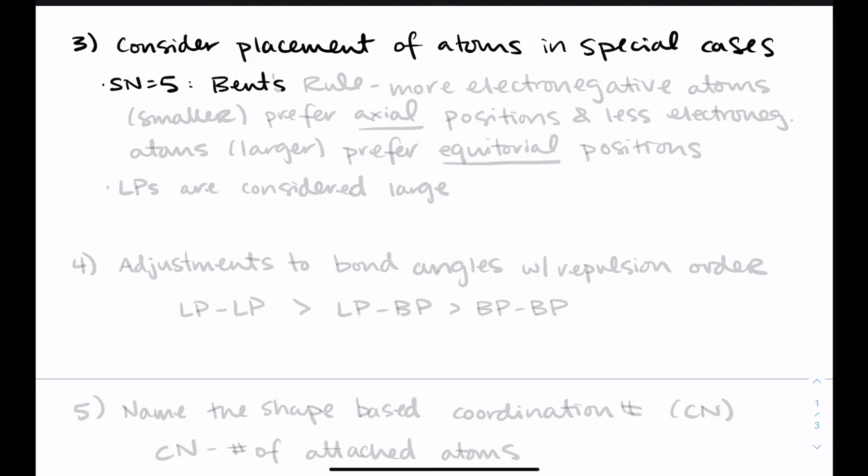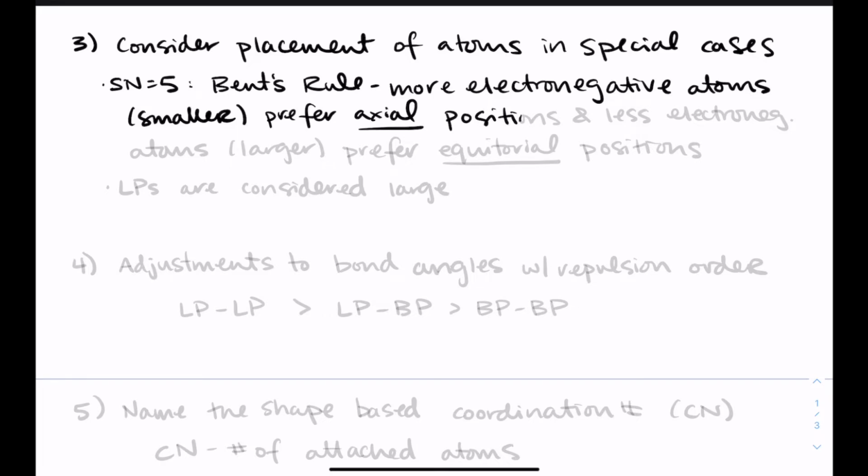This rule says that if you have a more electronegative atom, which is really code for a smaller atom, you put it in something called an axial position, and the less electronegative atom, which is just code for a larger atom, you put in an equatorial position. What you will see when we draw this picture is that axial positions have less space, and equatorial positions have more space. So you put the smaller thing in the space with less space.